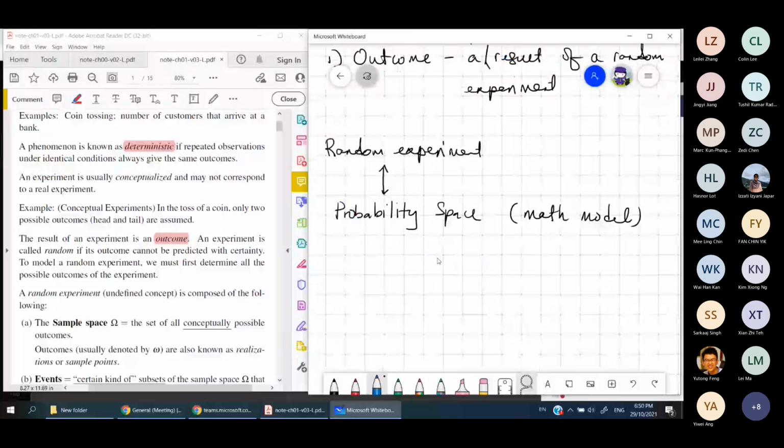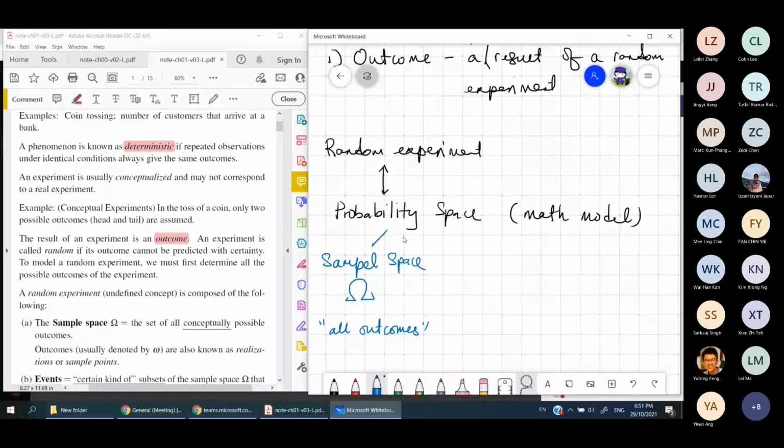Number one, the sample space. We use the symbol omega. What is a sample space? We gather all the outcomes: a sample space is the collection, the set of all possible outcomes. So this is the first thing.